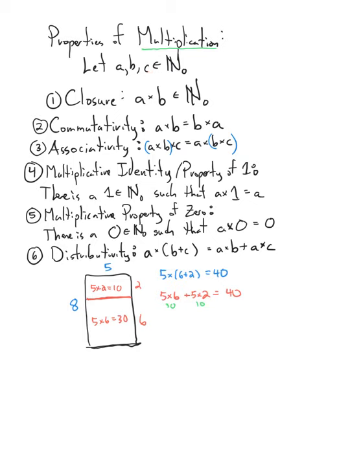Remember, closure says that if you have two numbers from a set, when you apply the operation, in this case multiplication, to A and B, you remain in that set. You don't go outside that set. Of course, you stay in your set when you multiply.